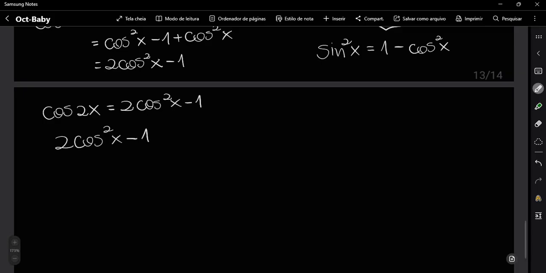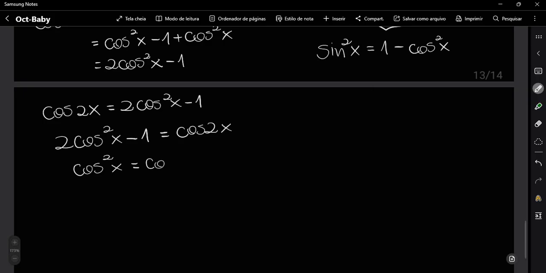If we switch sides, we will write this way. And now if we want to isolate cosine square of x, we just need to sum up ones on both sides.